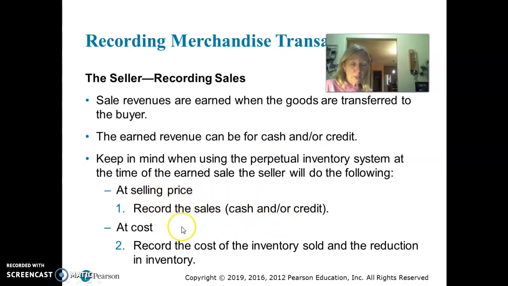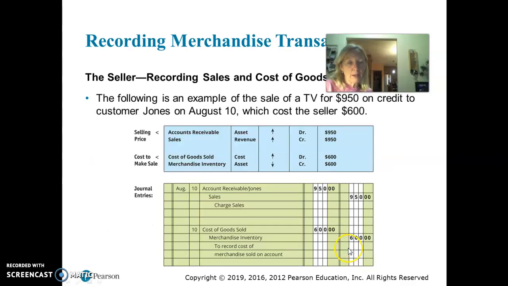You record the sales: revenue is your credit, and you're receiving either the cash because you're selling something, or an accounts receivable, which is your debit. So debit and credit, step 1. Step 2, you have to record the cost of goods sold, how much those goods cost you, and your decrease in inventory.